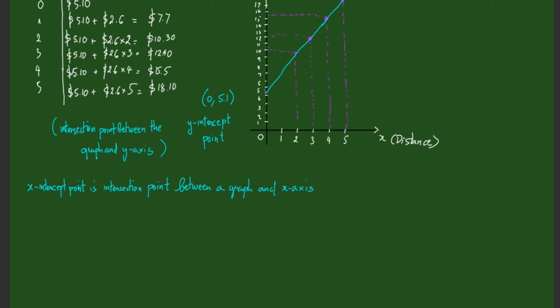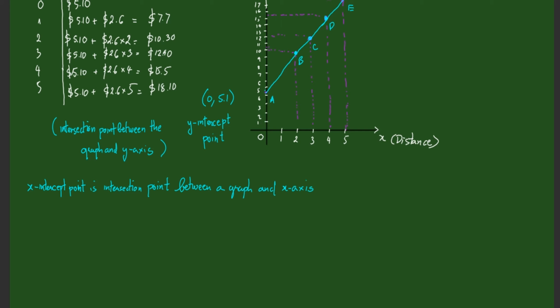You can name this point A, this is point B, this is point C, this is point D, and the last one is point E. So I'm going to pick 2 points.